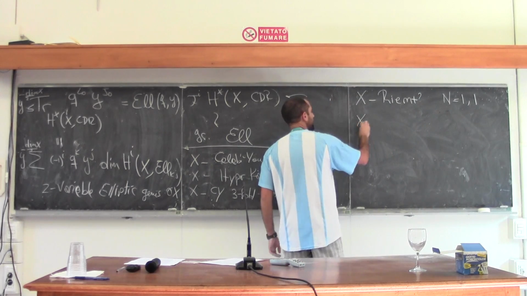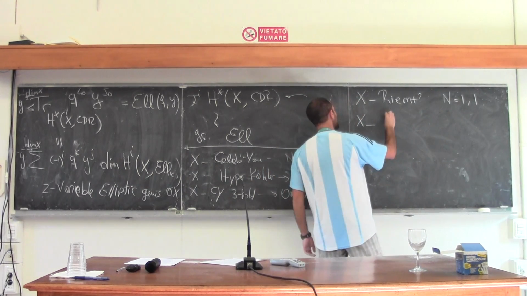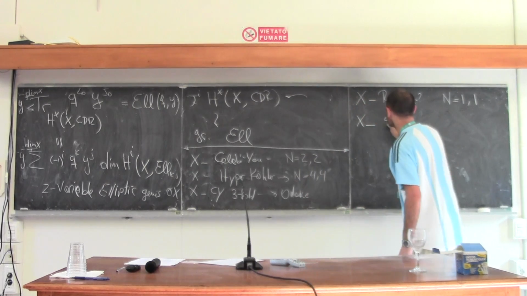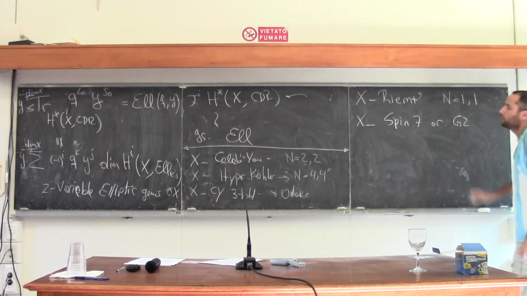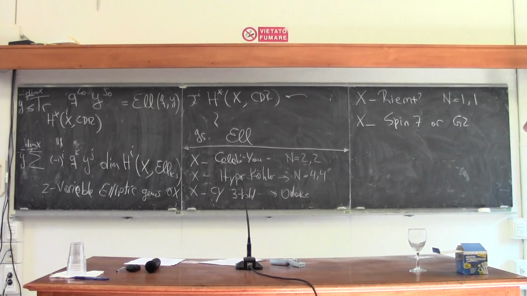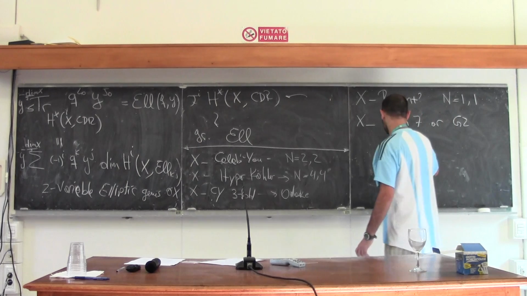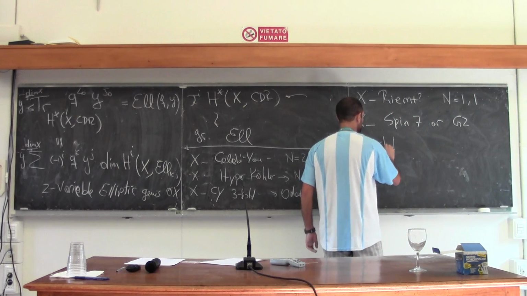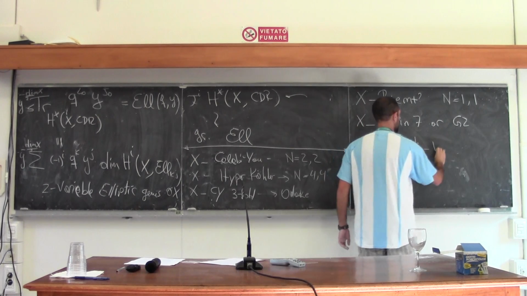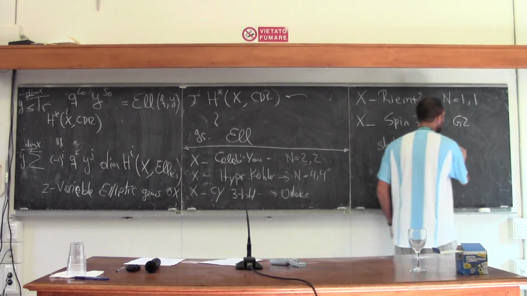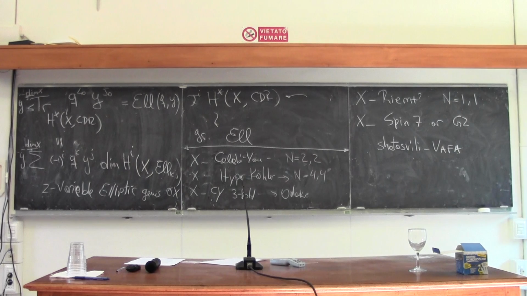But what is surprising is these other things. If X is spin 7 or G2, we know at the classical level that these have the right supersymmetry. This is papers of Zabzine and Papa. At the classical level, in the flat space, this was done by Papadopoulos.